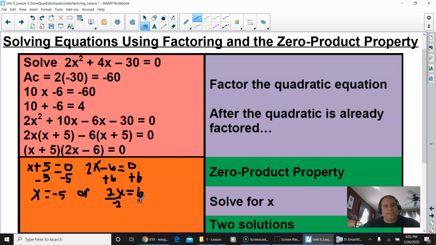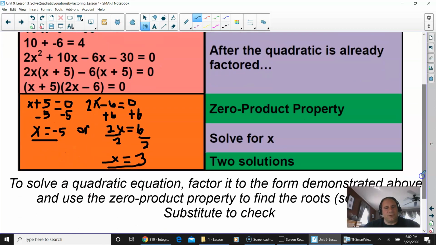And x equals 3. And that is it. So x equals negative 5 or x equals 3. And those are your two solutions.